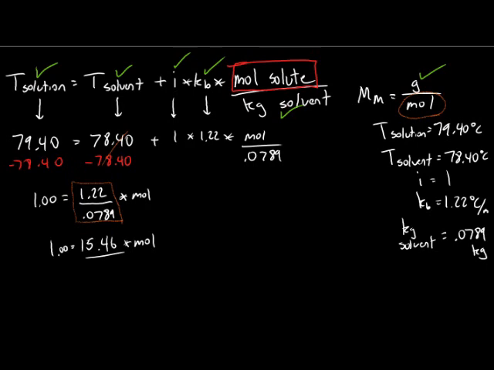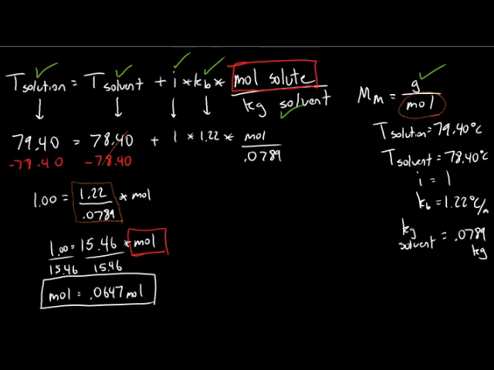Now we can divide by 15.46 on both sides. This will get our moles by itself. So we'll have that moles are equal to 1 divided by 15.46. We'll take 1 divided by 15.46 in the calculator, and we'll get 0.0647 moles.